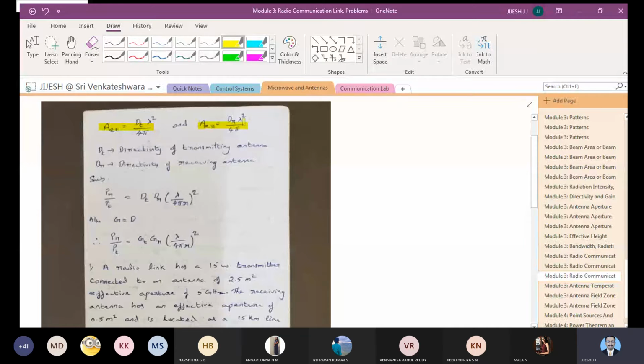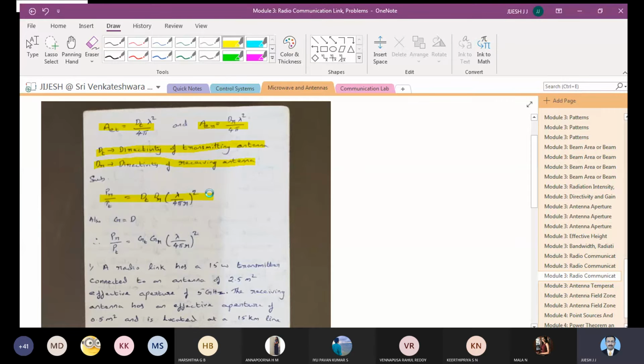We have studied all these equations in the previous class. We are going to substitute AET and AER in the previous equation. When you write it, you will get the equation in terms of directivity, that is PR by PT is equal to DT DR into lambda by 4 pi R, whole square.